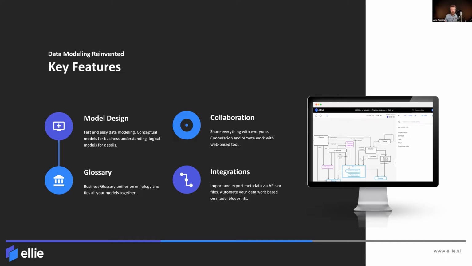For example, you can easily invite your whole organization to Ellie as users and share the models as direct links. That way, the model becomes a focal point of communication around the data issue, whatever that might be, or the kind of data product that you're building. We like to talk about data product design in that sense, and we'll share a few words about that also today.